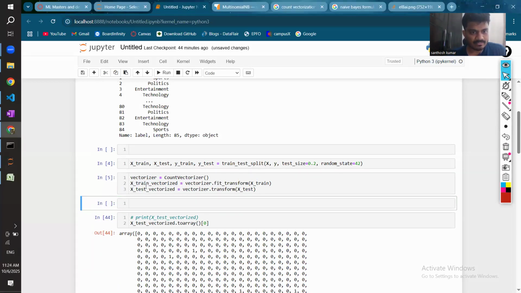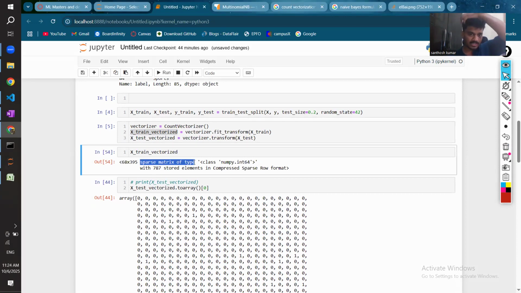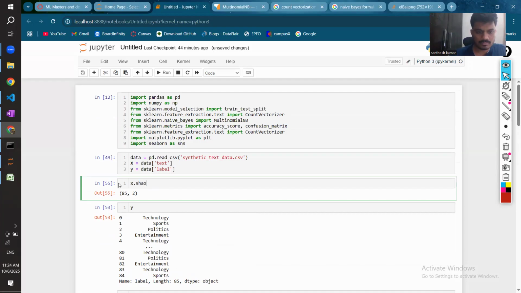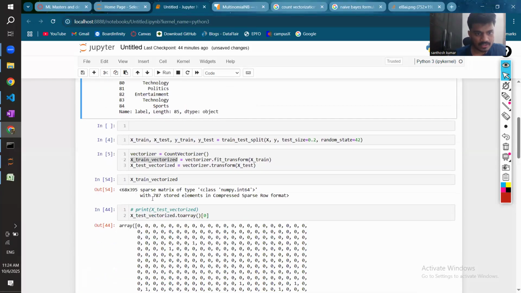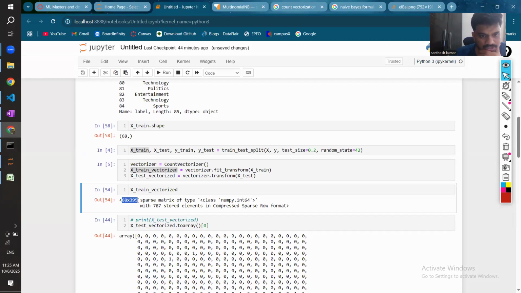If you want to see how it looks, X train vectorized is actually a matrix. It is a sparse matrix. If I use shape, out of 87, 68 came into X train. So a 68 by 395 sparse matrix was created, with 787 stored elements in compressed sparse row format.